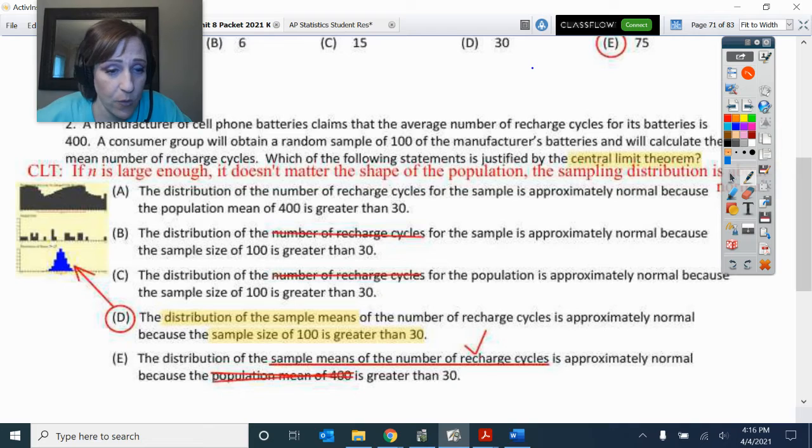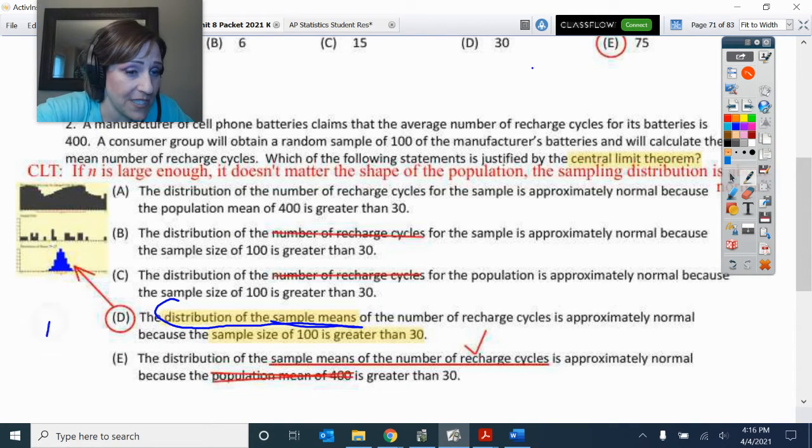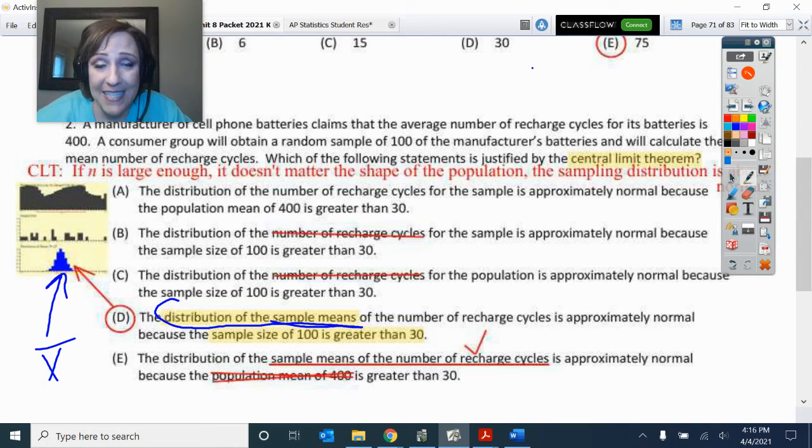And so then that's what we have here, the distribution of the sample means. What's down here are all of these X bars. That is the sampling distribution of the sample means. Okay? Of the number of recharge cycles is approximately normal because why? Because the sample size is large enough, because sample size is greater than.